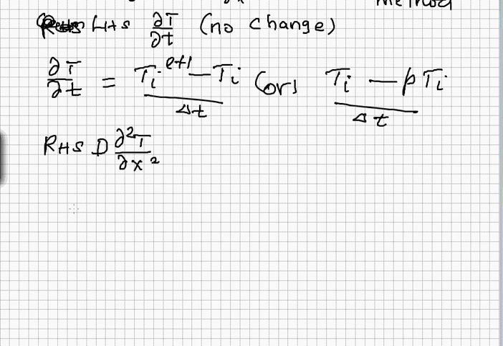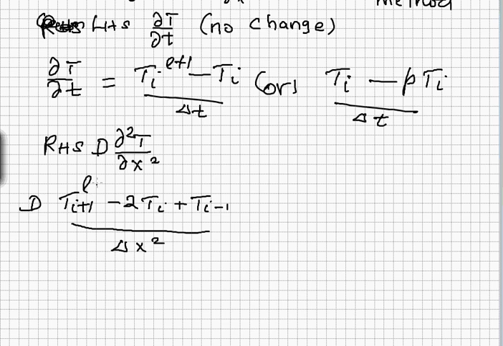We're going to pretty much use the same thing, except we put it as D times (Ti+1 minus 2Ti plus Ti-1) divided by delta x squared. Now, remember, in your explicit approximation, we used all these variables at the previous time step, at the lth level. Now we are going to use them at the l plus 1 level.